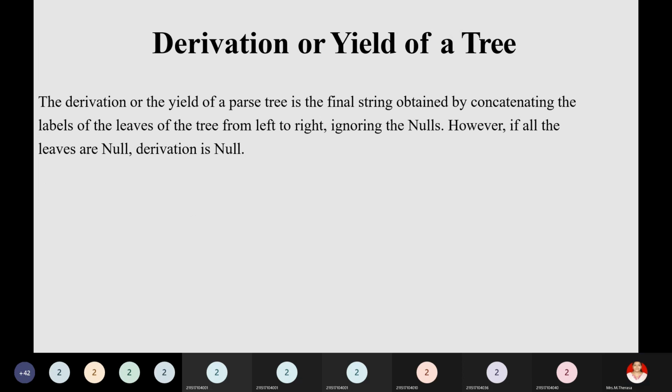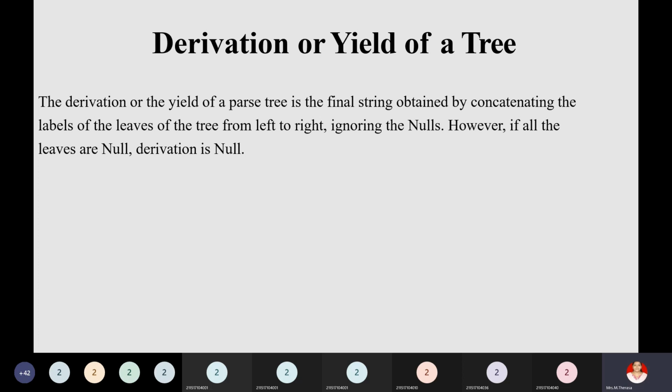Now, derivation or yield of the tree. What is the derivation or yield of the parse tree? It is nothing but the final string obtained by concatenating the labels of the leaves from left to right. It's very important. We can generate a set of strings from any grammar, which can be represented as a tree.